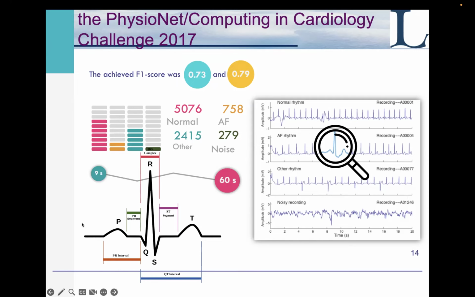If you ask this person, he will explain what happens with different parts of the heart during each of these signal periods.